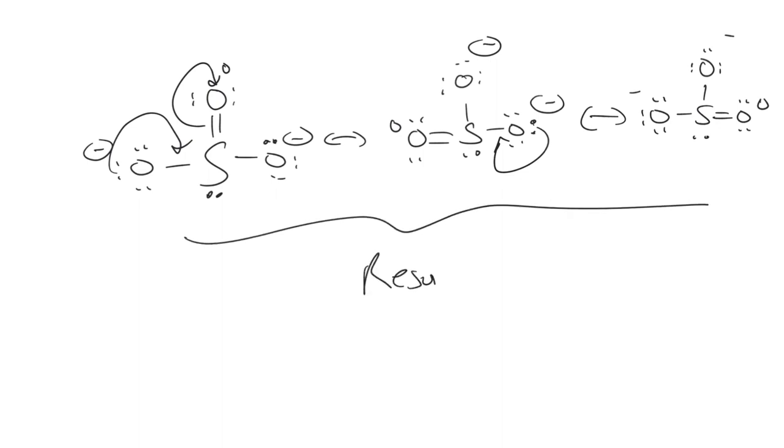And then we can have the other possibility being over to here, so this being 0, minus, minus. And so the bonds are going to equalize here too. So we're going to look at this structure here and see that resonance should be going on. The structure should look more like this.